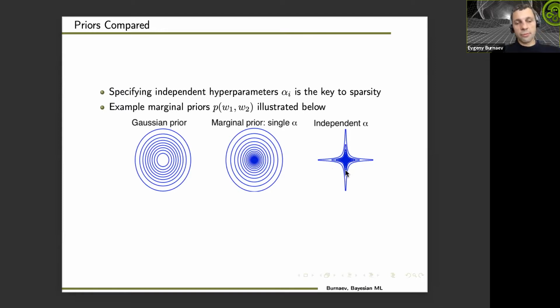And one of the possibilities is to use the Gaussian prior, that is L2 regularization, but with different weights for different components of the vector of unknown parameters W.